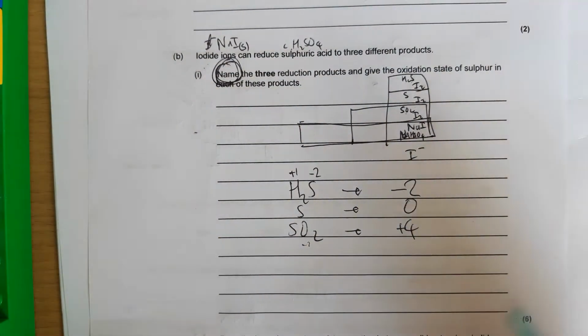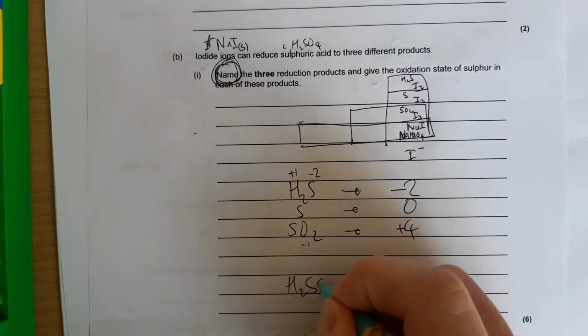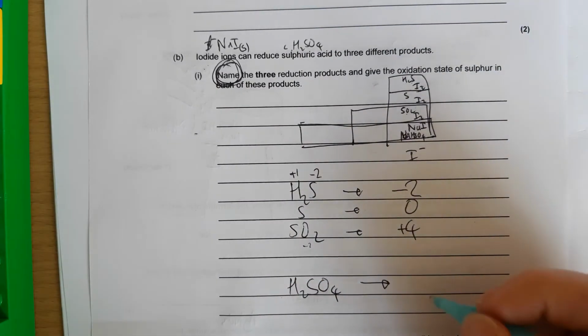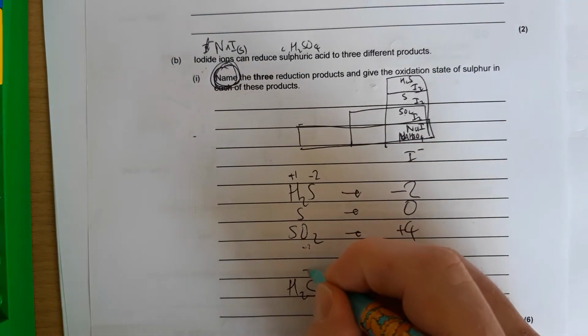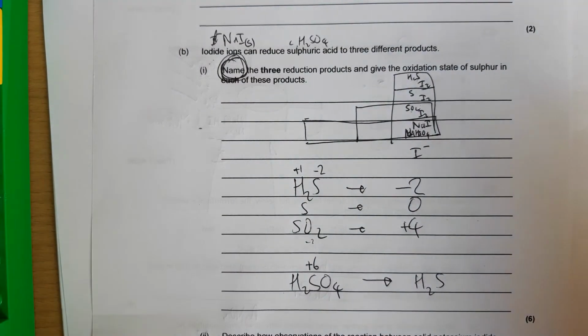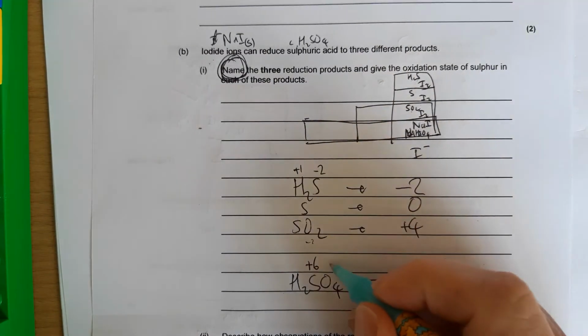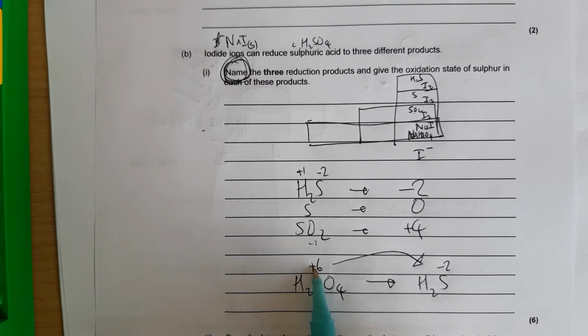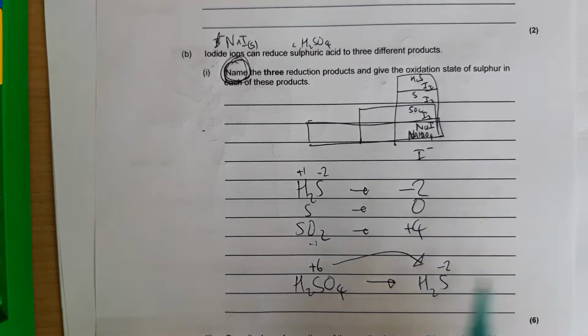Why are these called reduction products? Well, because they've come from H2SO4, and if you turn H2SO4 into H2S, it goes from +6 oxidation state, the sulfur, into -2. The oxidation state has been reduced, made more negative. That is a reduction.